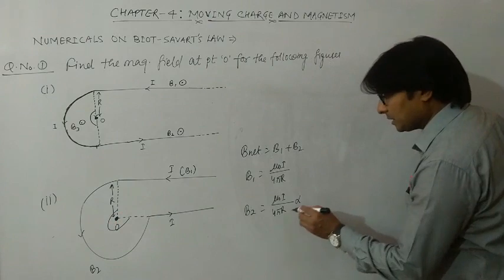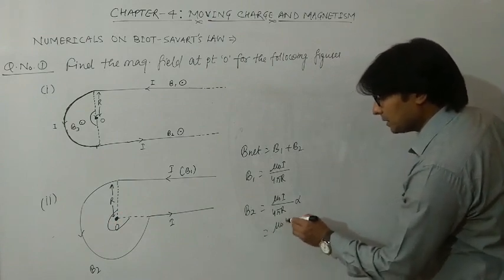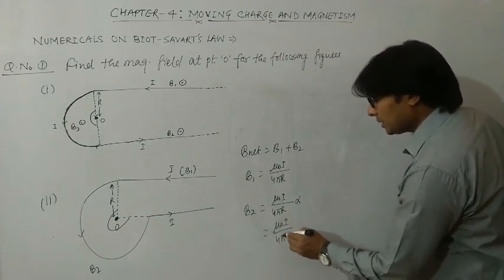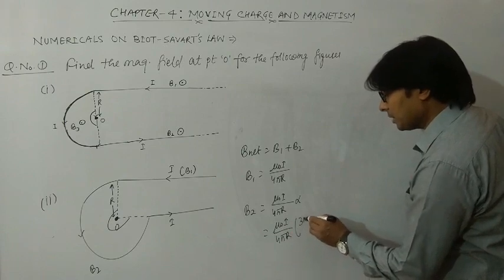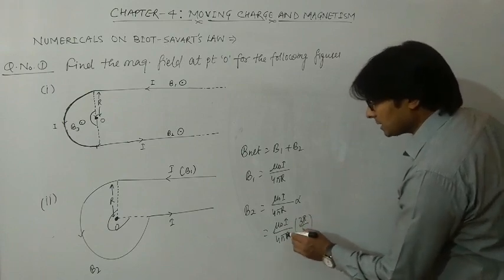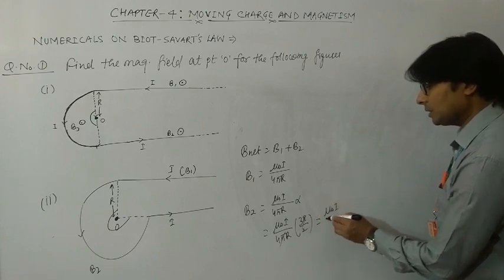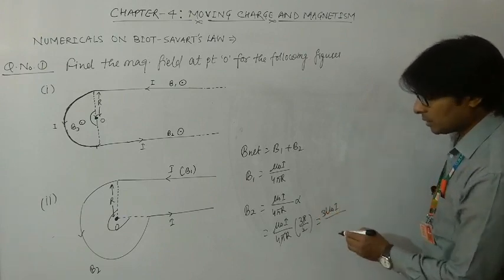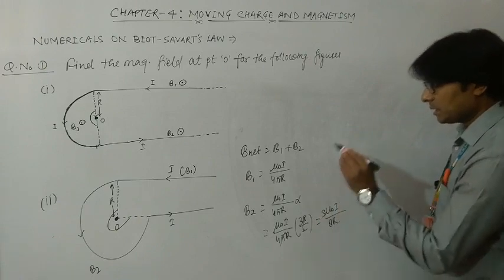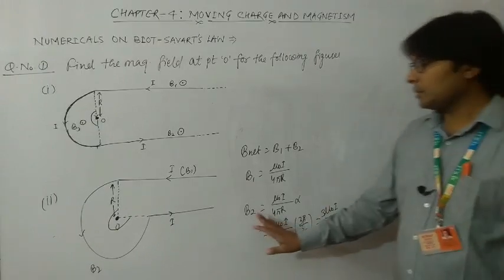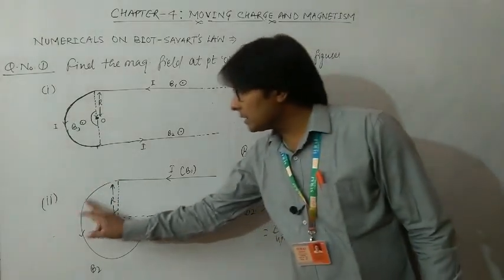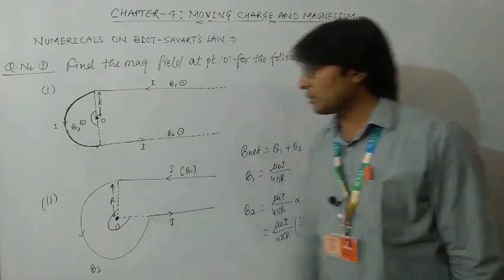So we can write down the value of alpha here in radian. 4 pi r, 3 pi by 2. Pi will cancel this pi and it becomes 3 mu 0 I upon 8 r. So this will be the value of B2, the magnetic field due to 3/4 of the circular part.